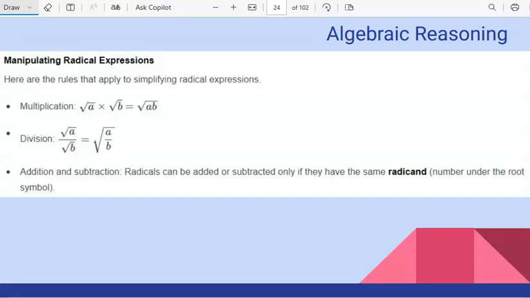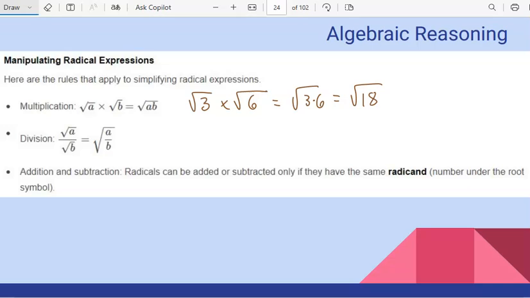Manipulating radical expressions. Here are the rules that apply to simplify radical expressions. We have multiplication. The square root of a times the square root of b is the same thing as the square root of a times b. Such as the square root of 3 times the square root of 6 would equal the square root of 3 times 6, which would be the square root of 18.